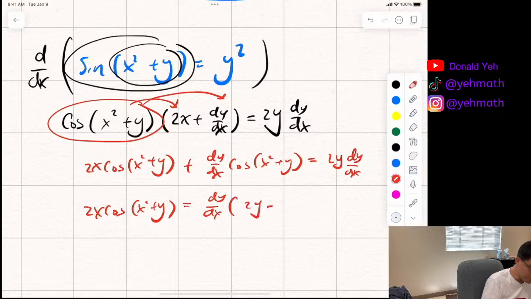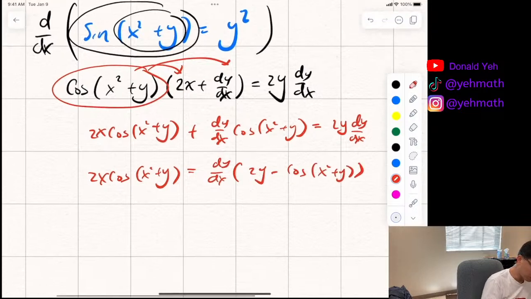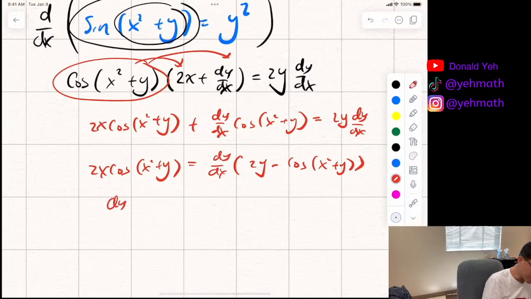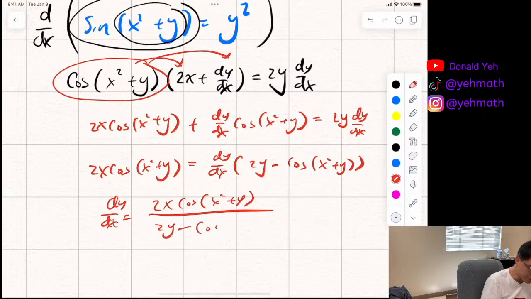So it'll be 2y minus cosine of x squared plus y. And then dy/dx equals 2x cosine of x squared plus y over 2y minus cosine of x squared plus y. Is that okay?